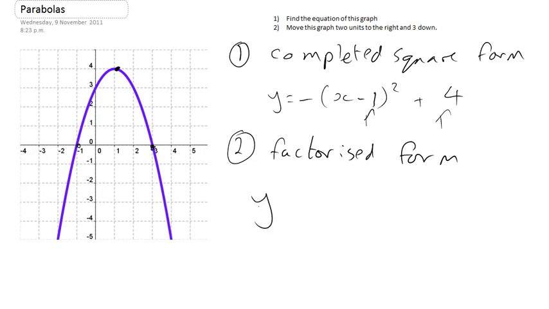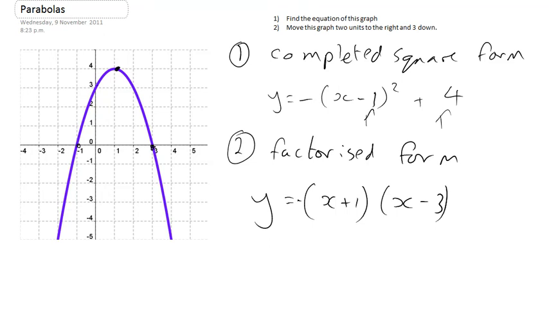So therefore when I write the equation of that, I swap the signs, so I get x plus 1 and x minus 3. Again, this is a negative quadratic, so I need to give myself a minus sign out front, and then I need to check that the y-intercept is actually right. So plus 1 times minus 3 is minus 3, times a minus makes it a plus, my y-intercept's 3.